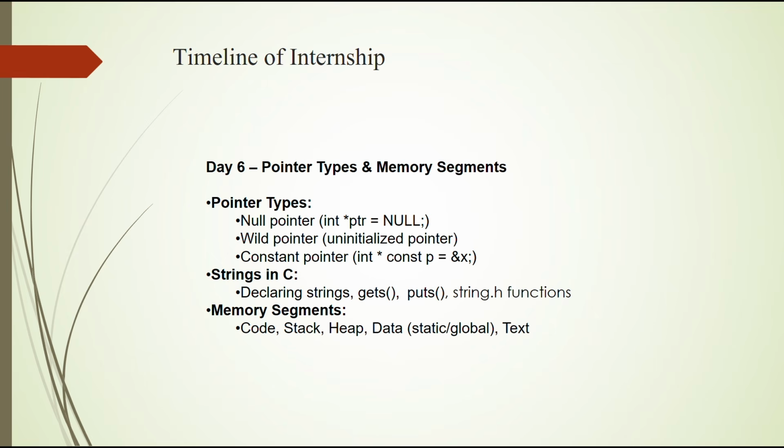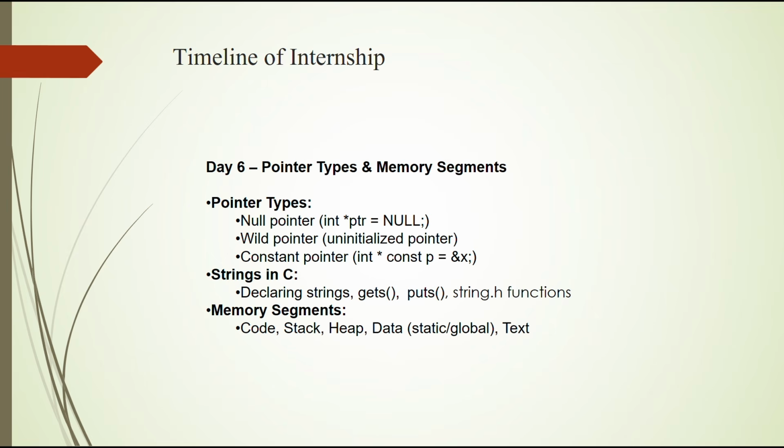There are various types of pointers like null pointer, wild pointer, constant pointer. Those pointers have their own specific tasks which are used in C. Then we learn about strings in C: declaring strings, gets, puts. These are the functions which are used for strings in C language.